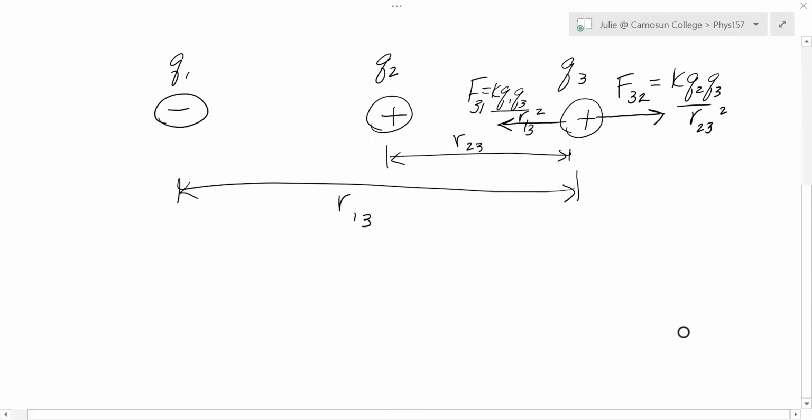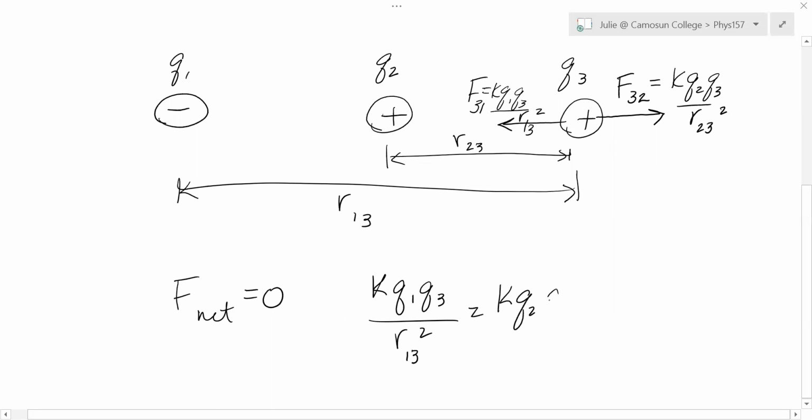Now, a lot of the questions are interested in having the net force 0 on that Q3, in which case the magnitude K Q1 Q3 over R13 squared would equal the magnitude K Q2 Q3 over R23 squared. K's would cancel, Q3's would cancel, and basically you've got these four variables, Q1, Q2, R13, and R23, in order to manipulate whatever you're asked for and whatever you're given.